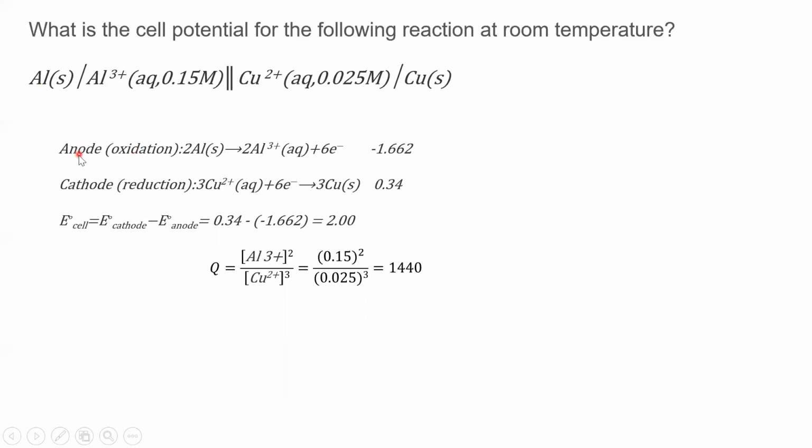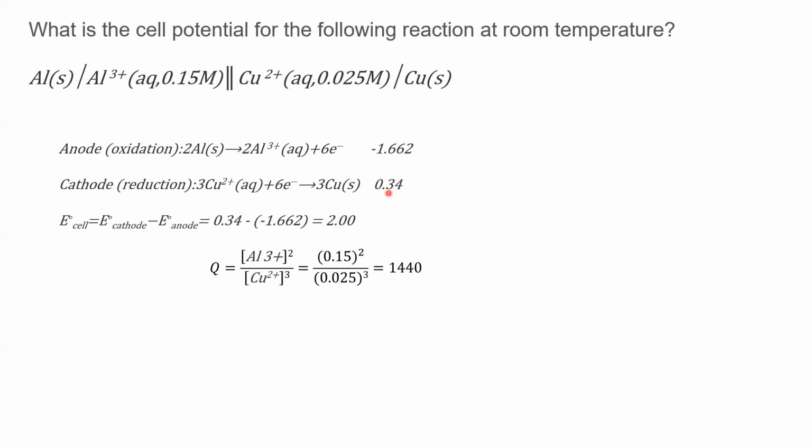That would take place at the anode. We can look up the value on the table for aluminum, and it's negative 1.662. This comes off the reduction potential table. The copper ions are being reduced. Reduction takes place at the cathode compartment. And when we look that up on our reduction potential table, it's 0.34.